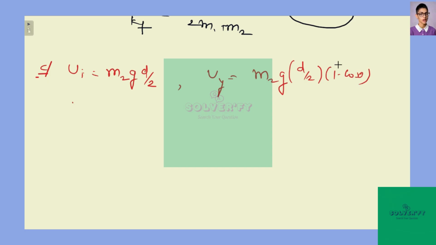The initial kinetic energy is half of (2 m1 plus m2) into (d by 2) whole square into omega final square.